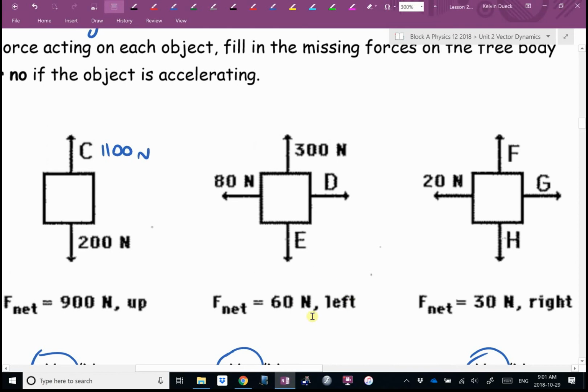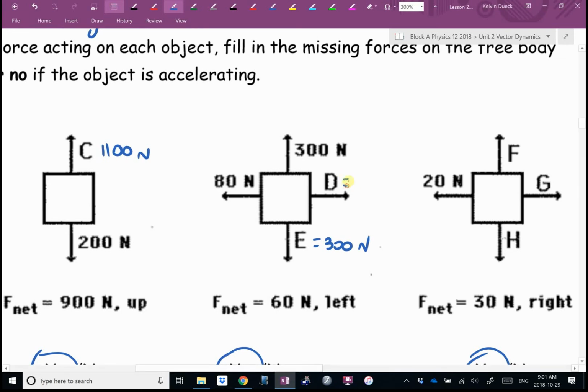If the net force is 60 newtons to the left, how big must force E be? I'll do D in a second, but how big must force E be? It's got to be 300 because there's no up-down force, so the net force there must be 0. Little trick here, if the net force is 60 newtons to the left, Lachlan, how big must force D be?